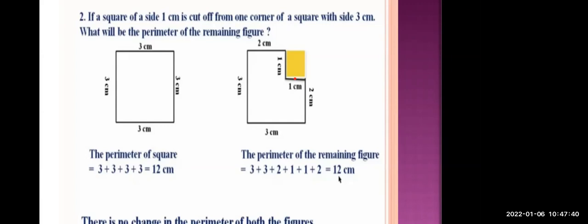Perimeter of the remaining square मतलब जो बचेला part है उसका perimeter कितना होगा? So we are going to match all the things and then we are going to do it. The question is very easy. जो कट पार्ट बताया है वो कितना सेंटीमीटर है? 1 सेंटीमीटर है. So now let us start with our sum.